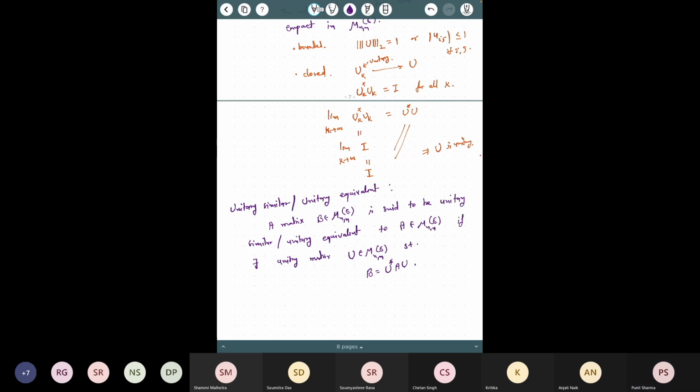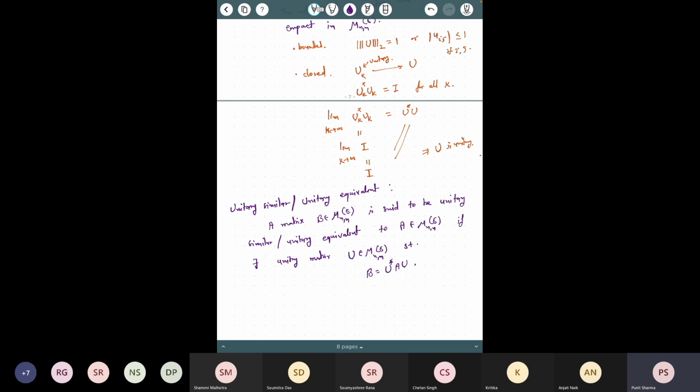Now, as I mentioned at the beginning, if we have a complex matrix of size n cross n, then it is always similar to an upper triangular matrix.